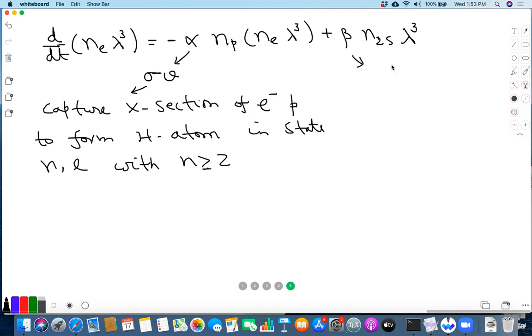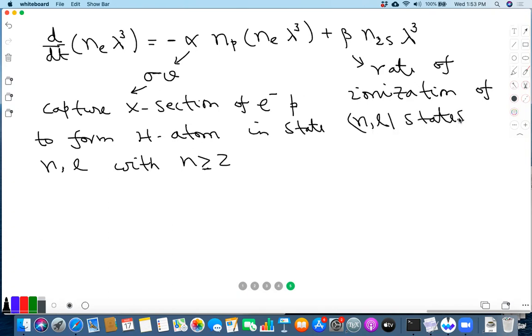So beta is the rate of ionization of nl states by thermal photons.